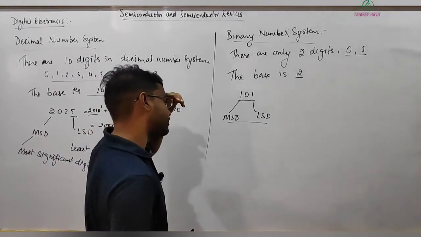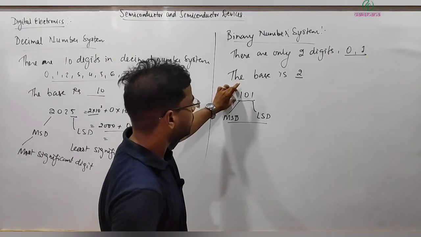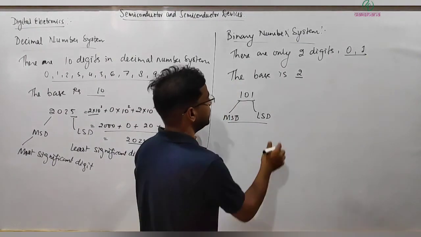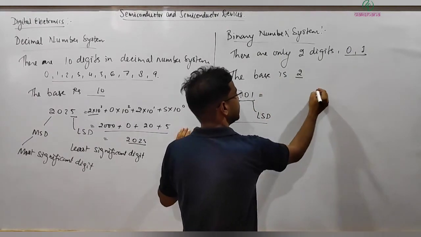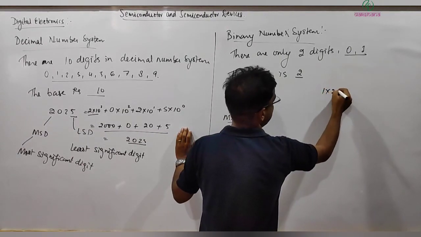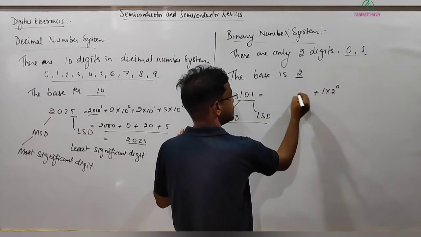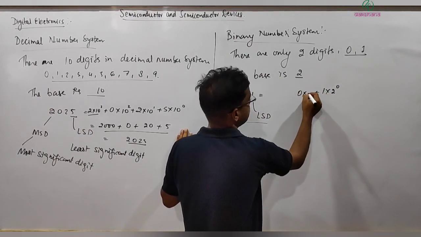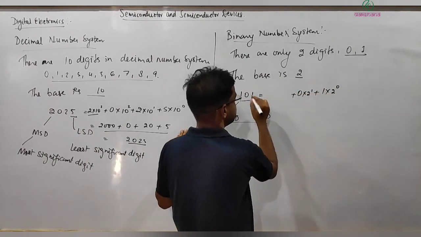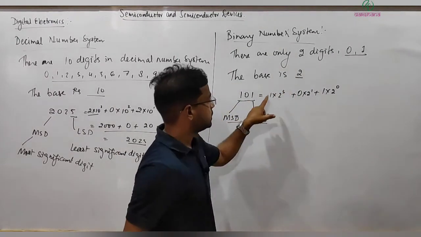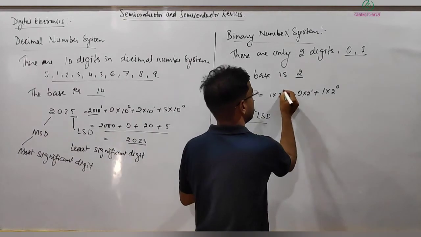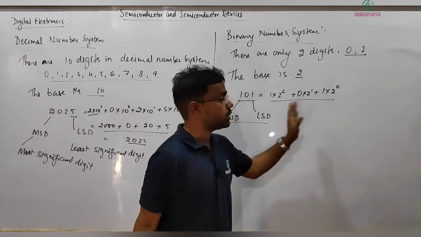First, this number we can write as 1 into 2 power 0, plus 0 into 2 power 1, plus 1 into 2 power 2, to convert it.